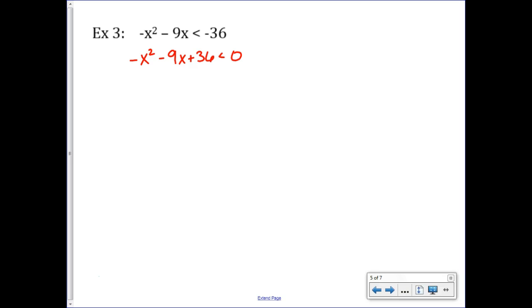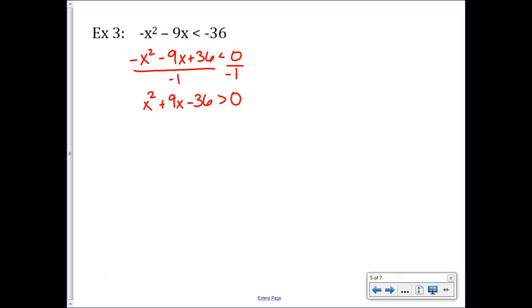But the other thing we could do is divide this whole thing by negative 1 to make life a little easier. So then x squared plus 9x minus 36. Anytime we divide by a negative, we flip that sign. So it's greater than 0, since negative 0 is just 0.